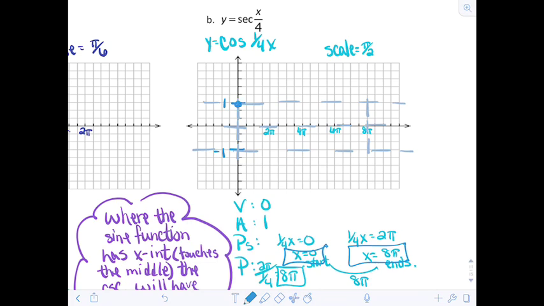So cosine starts at the top, ends at the top. In the middle, it's down at -1. Halfway between the first half, it's at an intercept. So at 2 pi, there's an x-intercept, and at 6 pi, there's an x-intercept. So I am going to lightly, with a dotted line, draw this cosine graph.